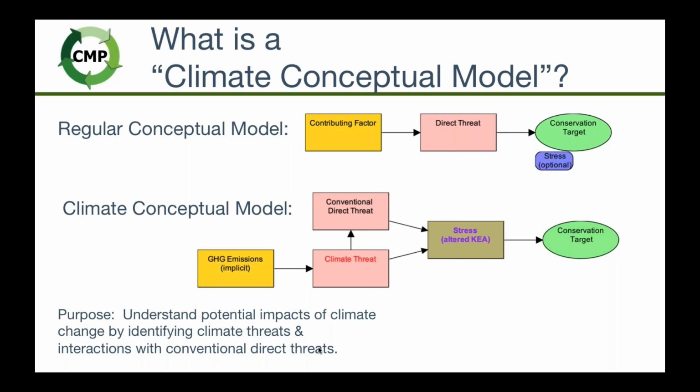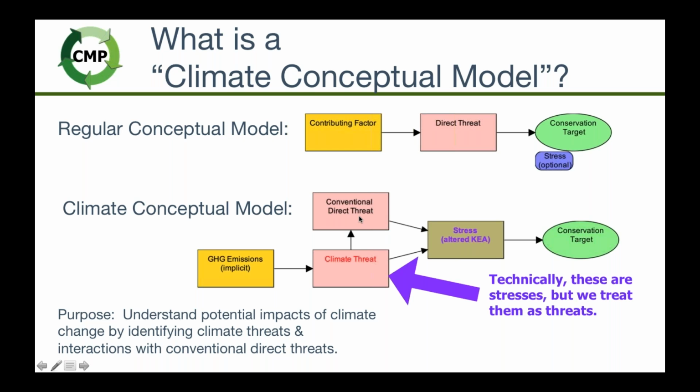The way that we do that is by looking at what the potential impacts of climate change are and mapping them out, initially using these brown boxes, and then turning some of those climate stresses into pink direct threat boxes, treating them as direct threats and rating them as direct threats, and looking at the interaction between those and conventional direct threats. So let me show you some examples. Technically these are stresses, but we're going to treat them as threats.